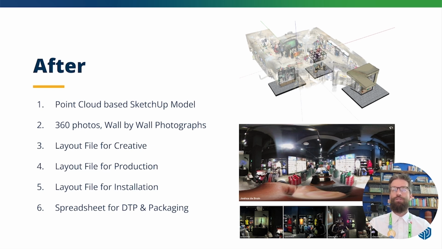You can take 360 photos and you can do wall-by-wall photography as we've showcased here. And so these 3 visual elements, the point cloud, the 3D SketchUp model, the 360 photograph or the 360 video, and the wall-by-wall face-on photos, they all show you different levels of detail and specificity.